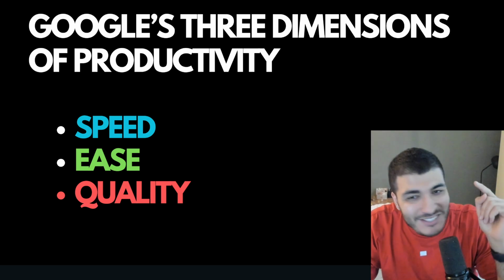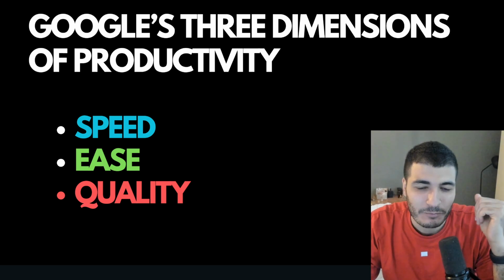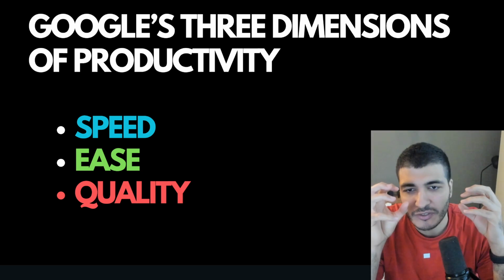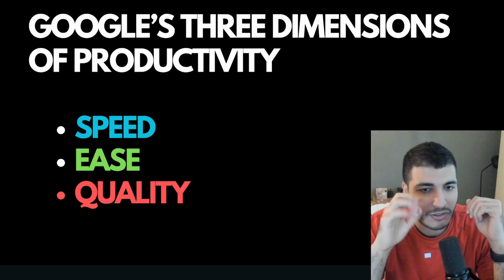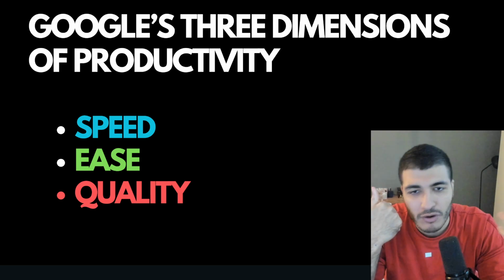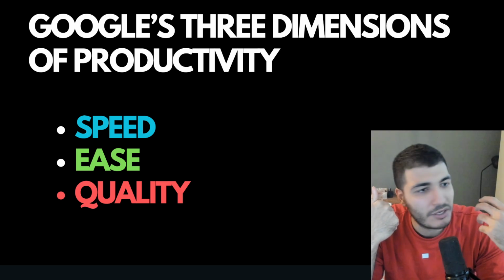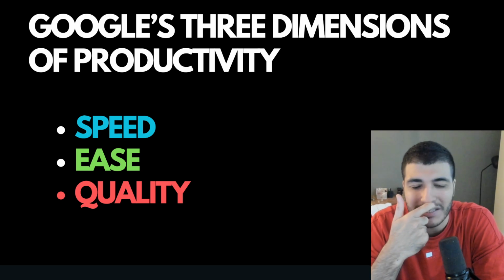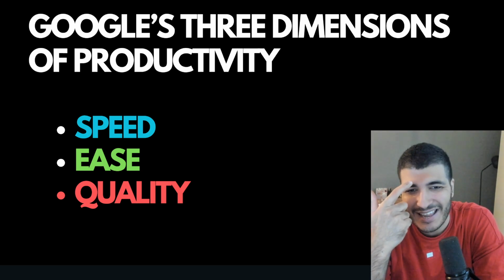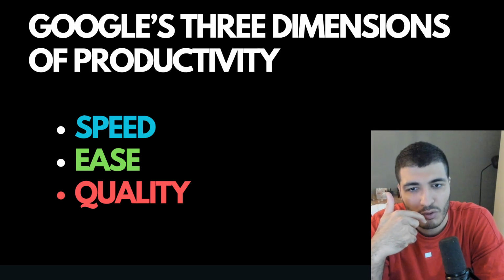three dimensions of productivity. Google's teams believe productivity lives at the intersection of three dimensions. Number one is speed, like how fast your task is being completed. Number two is ease, like how easy is the process for the developers.